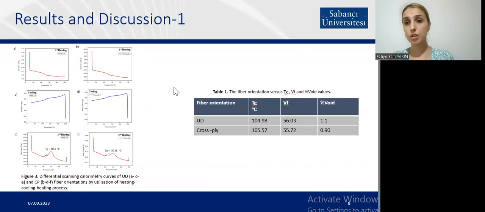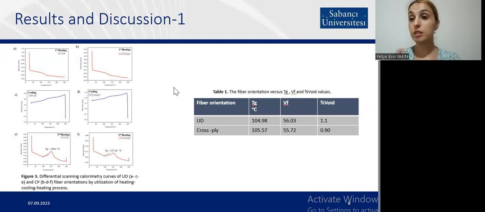For the results and discussion, in figure 3, you can see the differential scanning calorimetry curves for the unidirectional and the cross ply. In table 1, you can see the Tg value, fiber volume fraction, and void percentage value for the UD and cross ply.